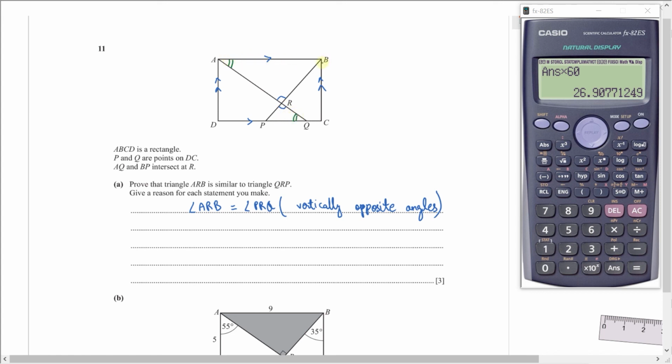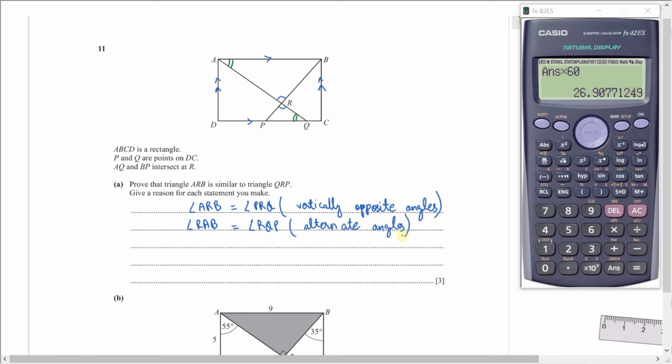Because these two are parallel lines, AB and DC are parallel, and this line AQ is passing through these two parallel lines, and these two green angles are alternate angles. So we can write angle RAB will be equal to angle RQP because they are alternate angles.